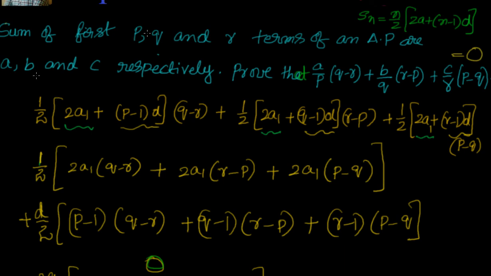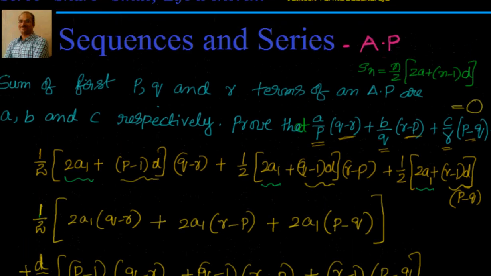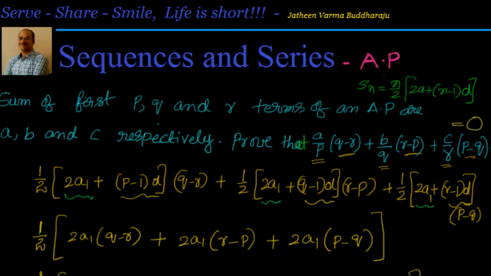We have equated that to Sp equal to A, Sq equal to B, Sr equal to C. Then we try to get these values, A by p, B by q, C by r. Now multiplied with what I need to multiply and added them together, you will see that they are all simplifying and becoming 0.